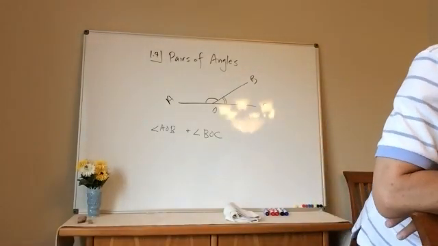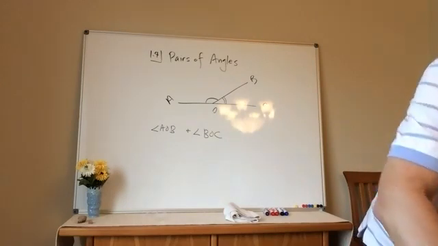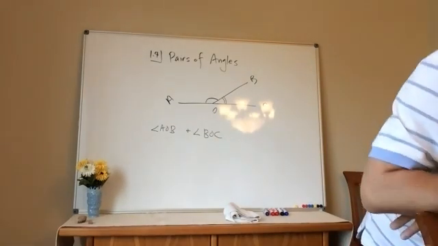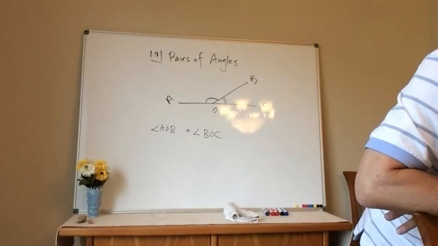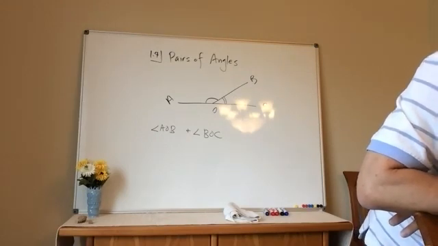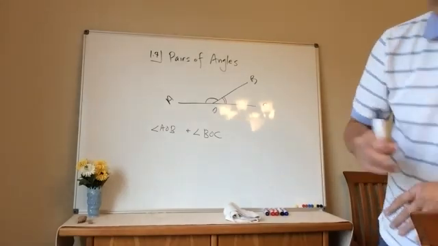So let's look at example number one. Tell whether the angles are only adjacent, form a linear pair, or are not adjacent. Okay, so let's see if we can draw this out.